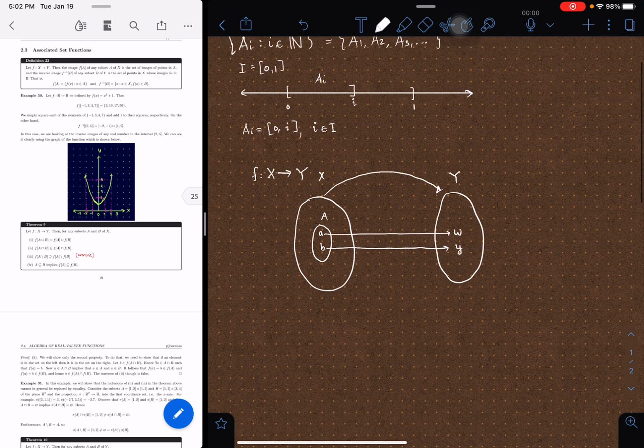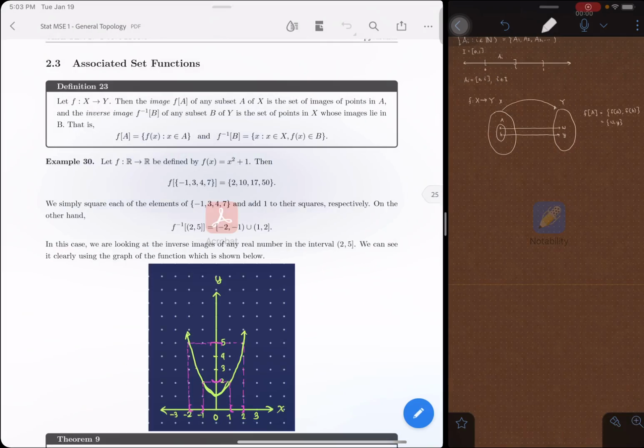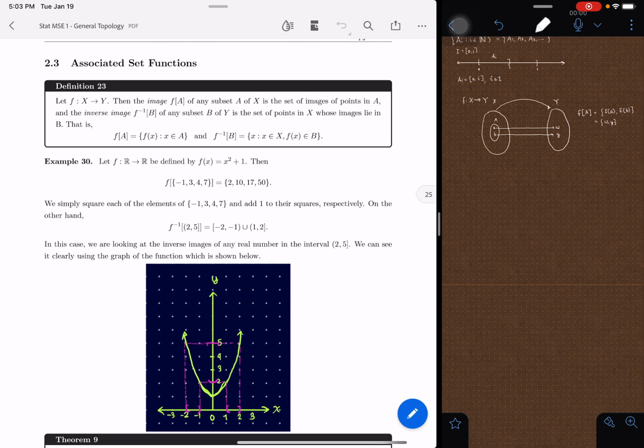Then from this diagram we have the image of A is equal to the set of images of small a, because small a is contained in capital A, and the image of small b. So this is the set containing w and y. So that's just f of A.